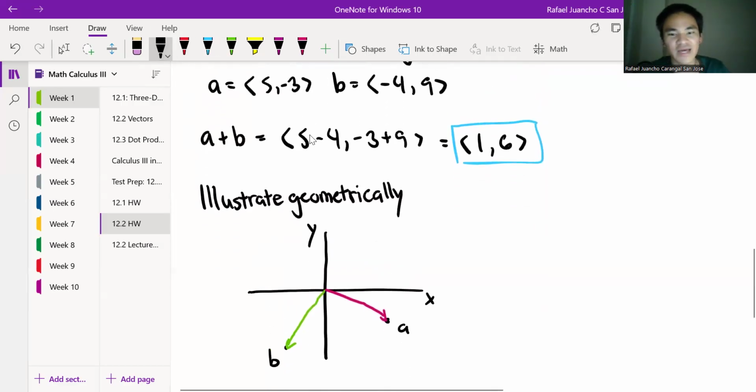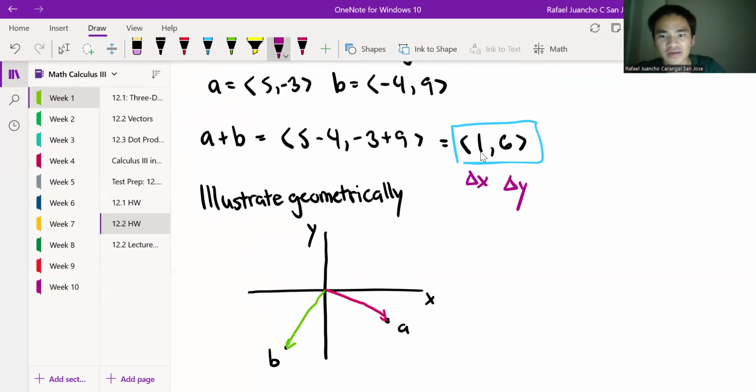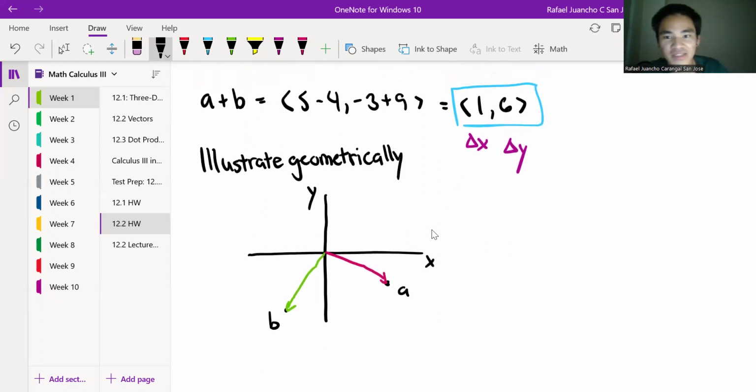So what happens when we add? We actually have it here already. We go 1 to the right. Remember, our change in x and our change in y. So those are vectors. They have a change in x, they have a change in y, and if it's in 3D, then they have a change in z. So we go here 1 and up by 6. So somewhere like that.